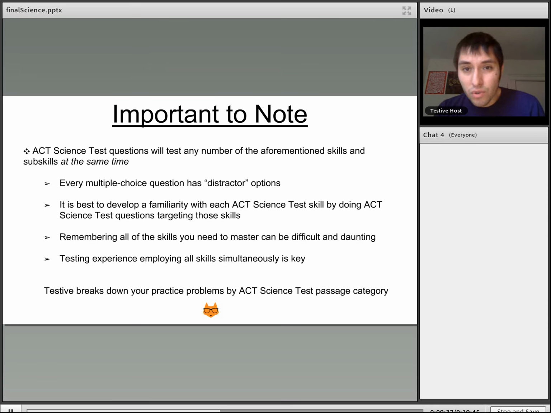Every multiple choice question, just so you remember, will have distractor options. So there will usually be at least one, sometimes two answer choices that are very, very obviously not the right answer. And well, it's best to develop a familiarity with each ACT science test skill by doing ACT Science test questions targeting those skills, which is why we have the questions we've got provided on the practice tab.